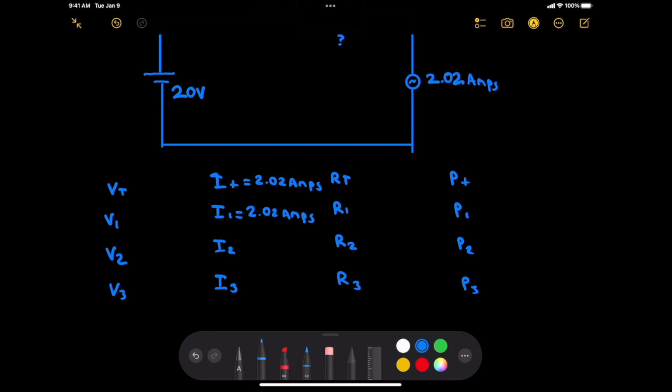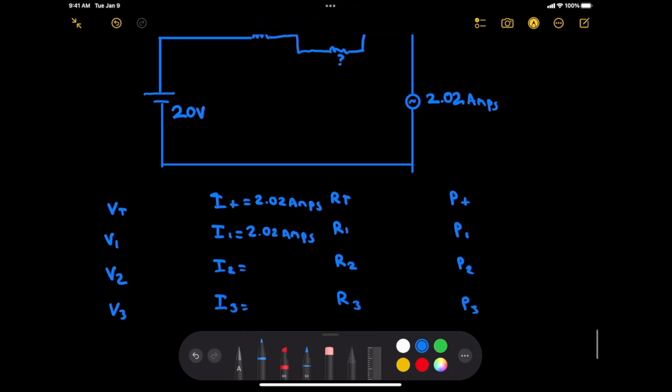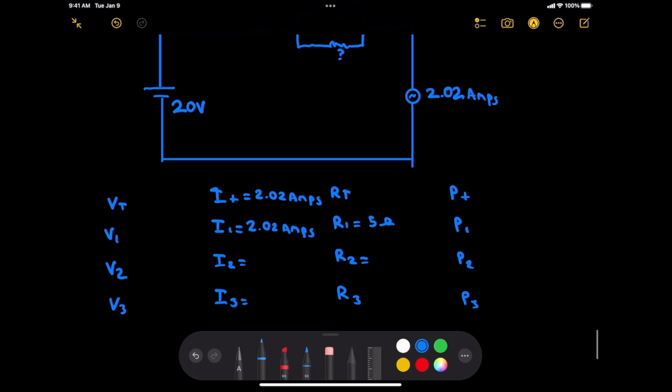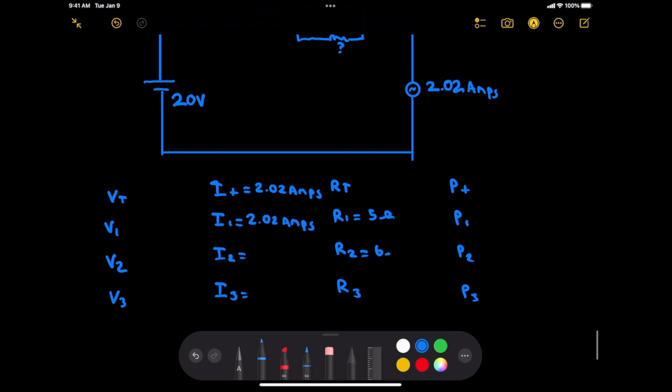We do not know what I2 or I3 is going to be. We know what R1 is. R1 is 5 ohms. R2 is going to be 6 ohms. We do not know what RT or R3 is. VT is going to be 20 ohms. No, 20 volts. And that's all they give us.